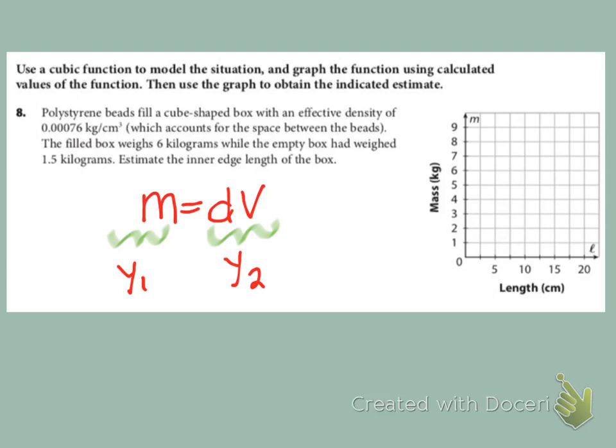And again, this is a cube, so we use that same formula, that volume equals x cubed or L cubed, but we'll just use x when we use the graphing calculator. If you want to give that a try, and then calculate the length of the edge of the box.